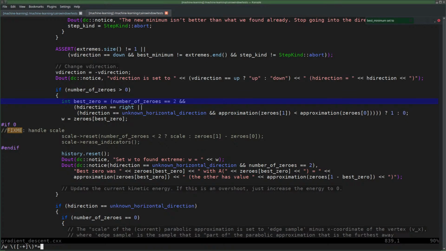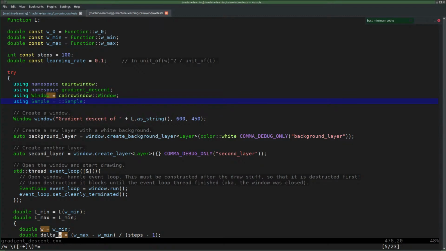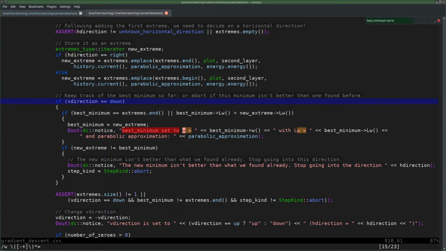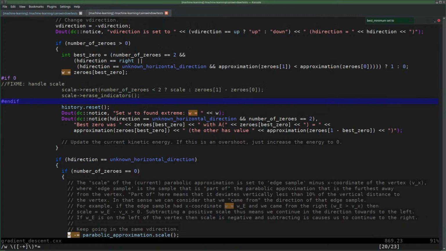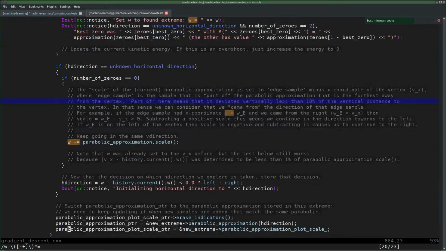Let me look again for where my W is being changed. Here it is being set, that's a jump, and here it is updated. So this should stay on the same parabola, but what if it doesn't? Or was it already reset there?